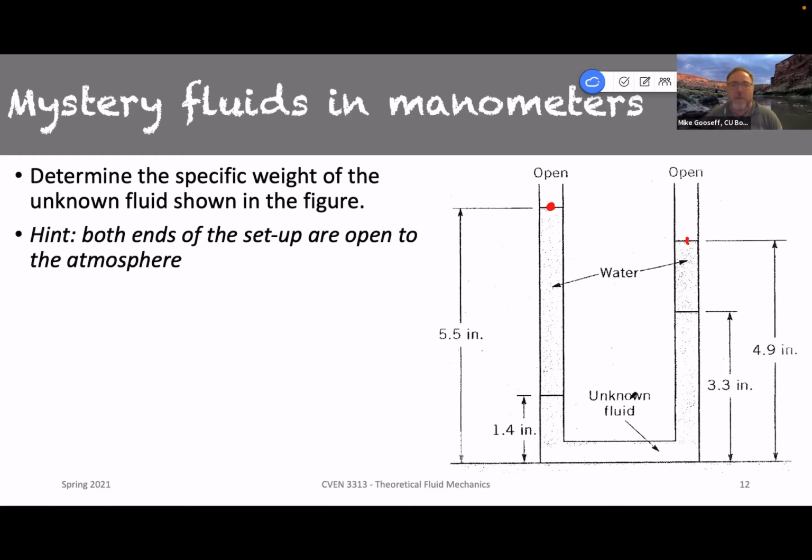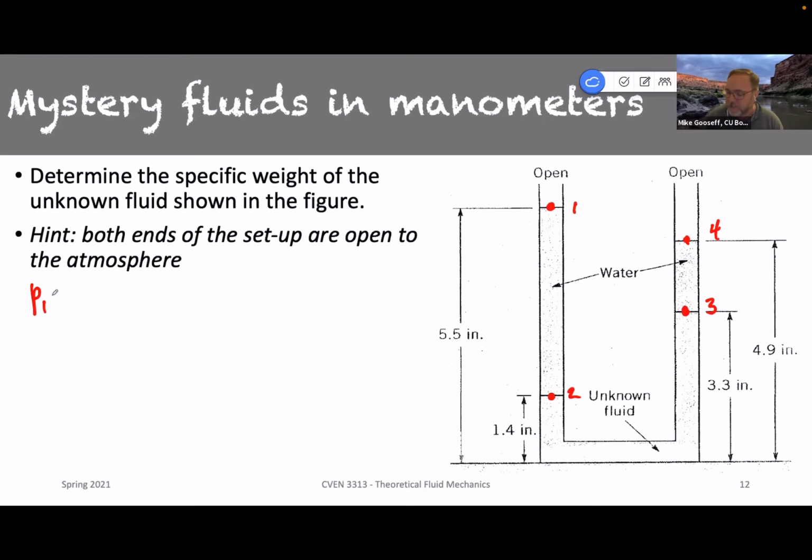Now, remember that when we're working through these manometer problems, I'm going to call this point 1, and we'll notice this is 2. Here's point number 3, and here's point number 4. To go from P1 to point number 2, we're going to have to add this pressure that occurs, and we have to do a little bit of math to figure out these heights, because we're just given some of these heights.